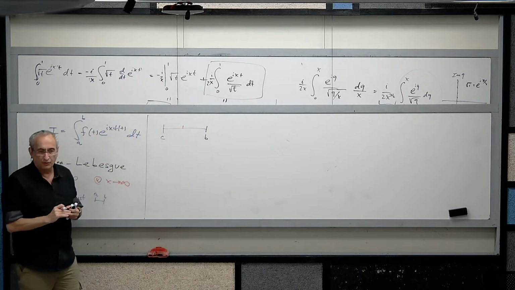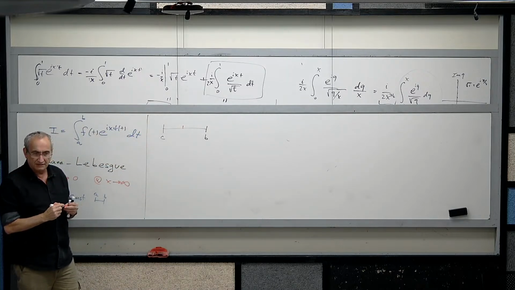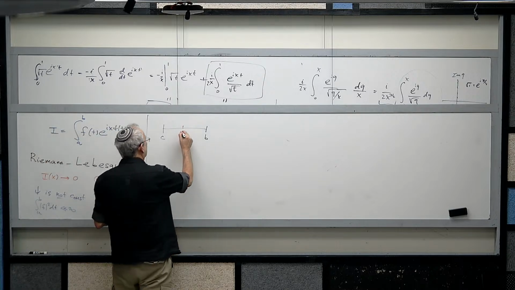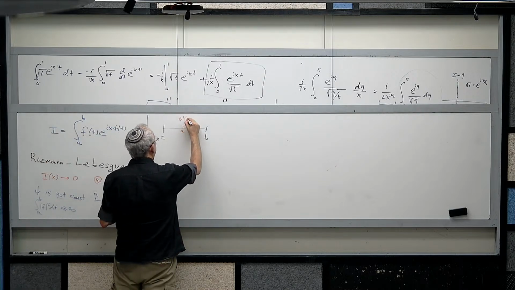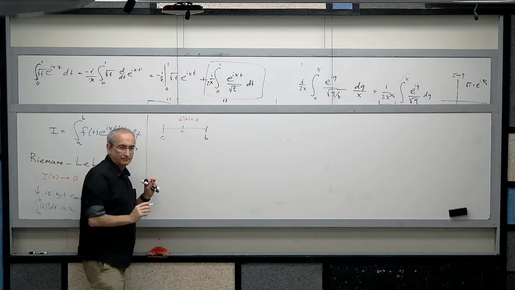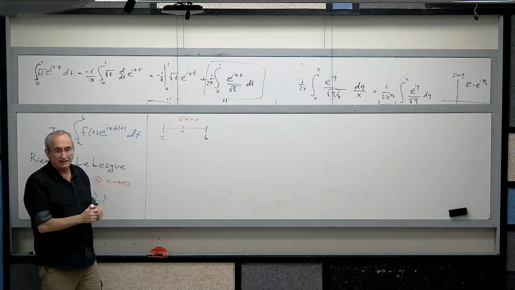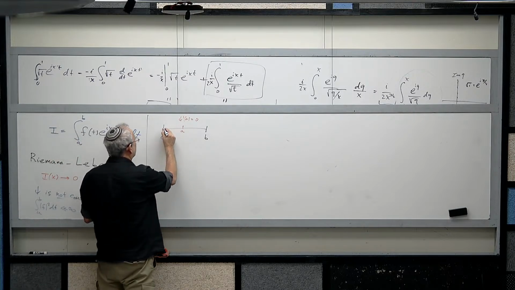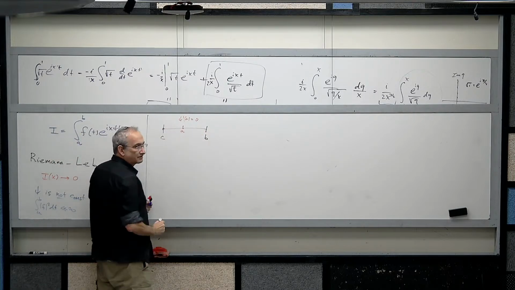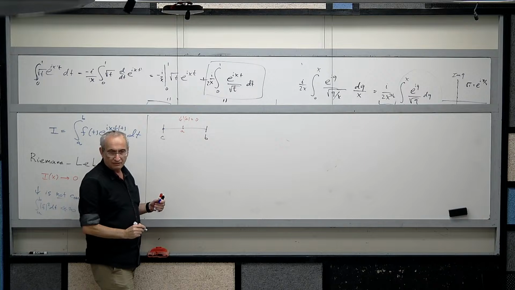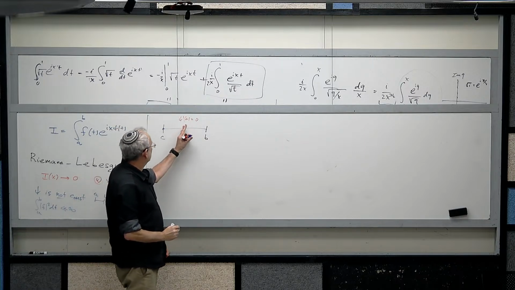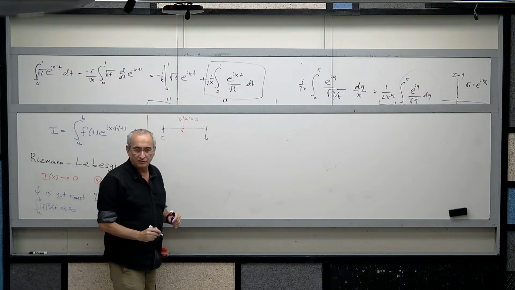Let's assume there is one point of stationary phase where psi prime is 0. This is A. Psi prime of A is 0. Clearly, I can divide the integral into an integral from C to A and from A to B. And so let's take into account only the integral from A to B.